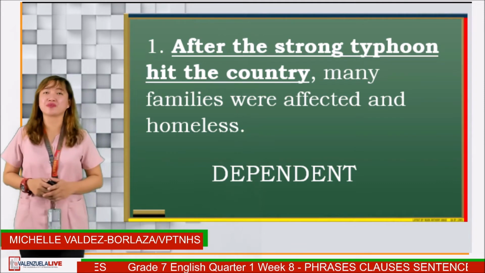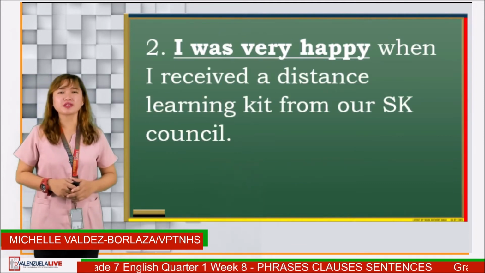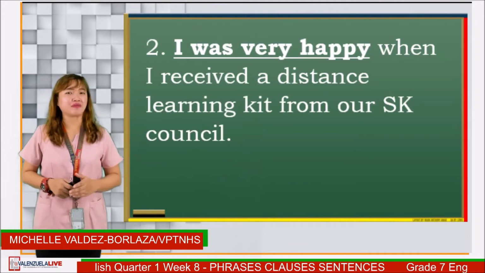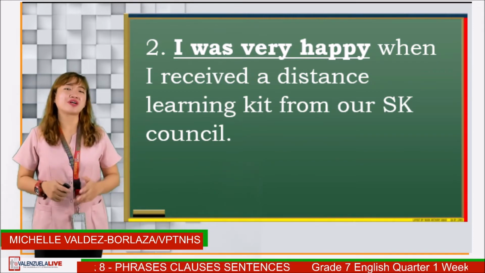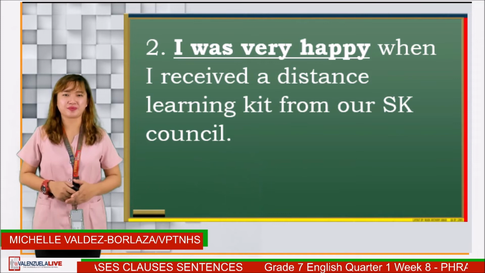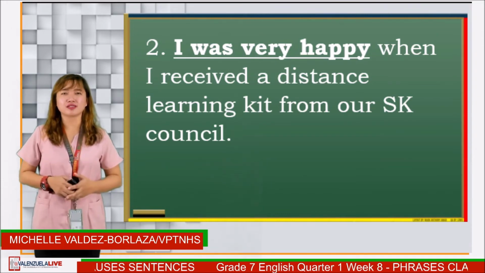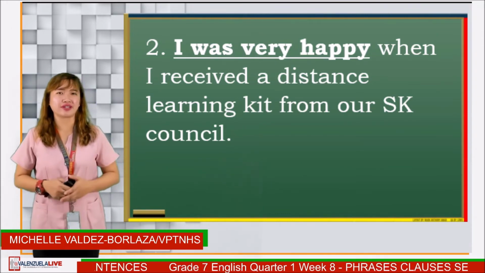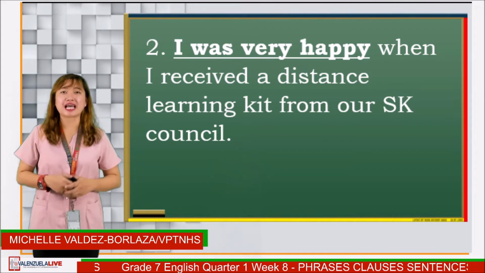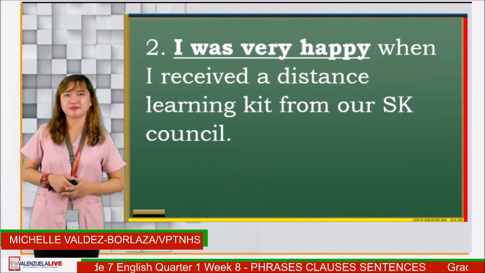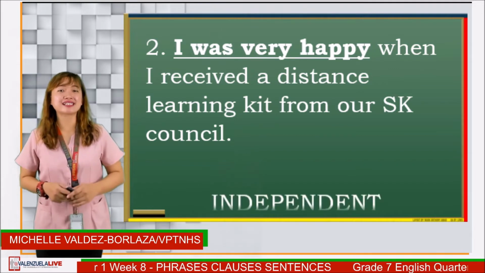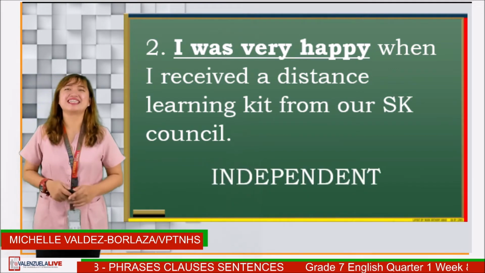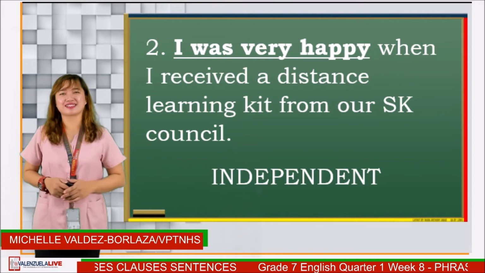Let's now have number 2. I was very happy when I received a distance learning kit from our SK Council. What kind of clause is I was very happy? Type in your answer, learners. It is independent clause.